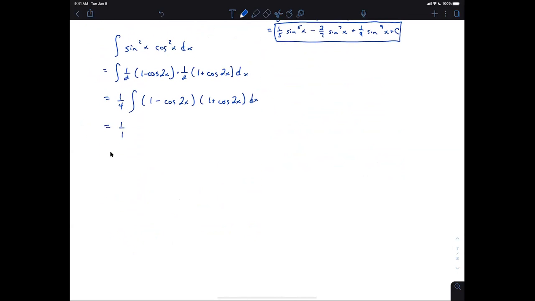So if you distribute that, you get 1 minus cosine squared of 2x because the middle terms cancel on this one. So you get plus cosine 2x minus cosine 2x, and those cancel out. And so now you split this into two integrals. And now we've got more to do, but do we follow it to here? Everybody good?